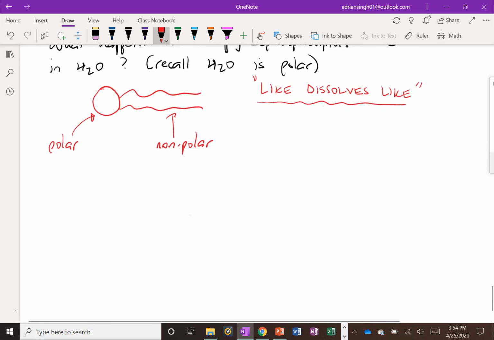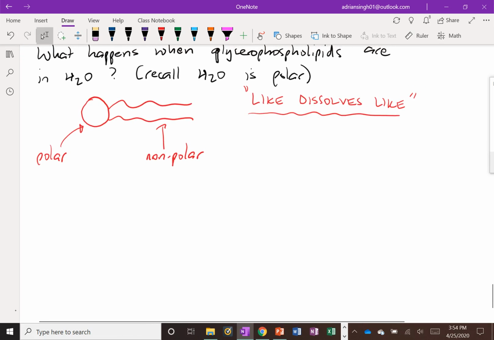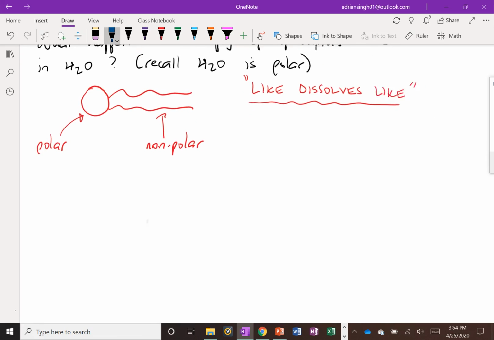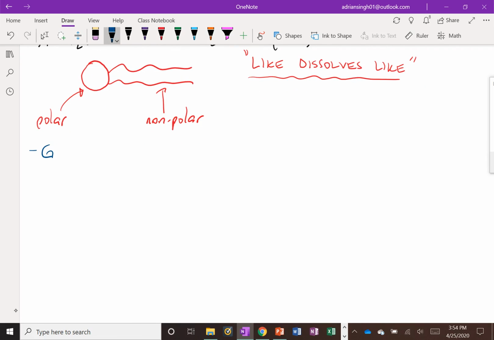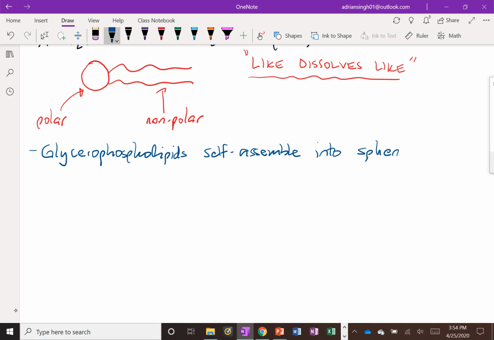So when you have a sample of these glycerophospholipids in water, for example, the glycerophospholipids will self-assemble into spherical structures called micelles.